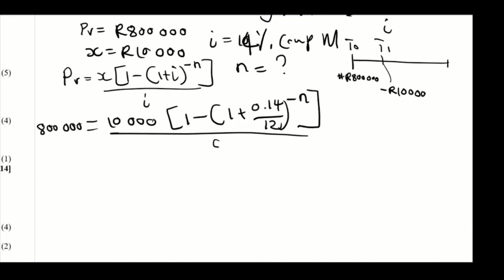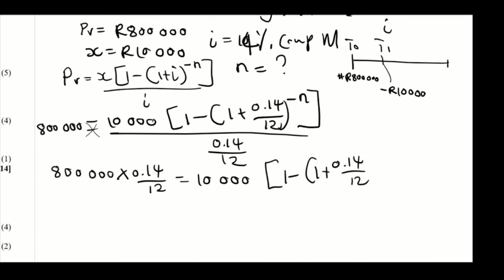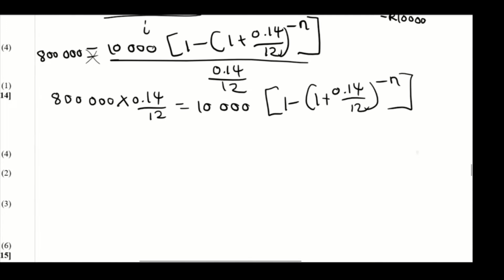So you're going to cross multiply, so it's going to be 800,000 multiplied by 0.14 over 12 is equal to 10,000 into 1 minus 1 plus 0.14 over 12 to the power minus n. Make sure that you punch the values towards the end, so you don't punch during calculation.